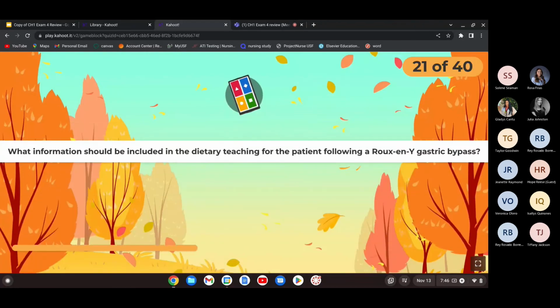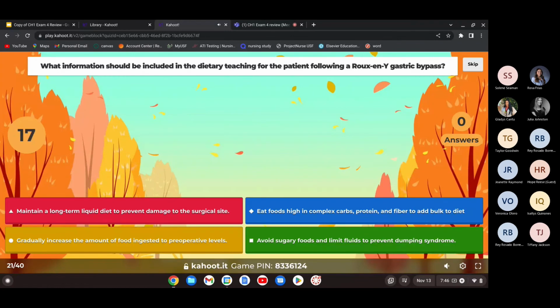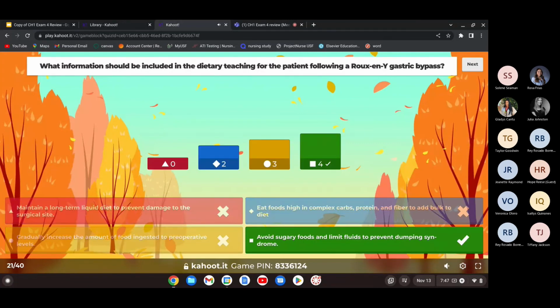What information should be included in the dietary teaching for a patient following a Roux-en-Y gastric bypass? Awesome. We want to avoid sugary foods and limit fluids to prevent dumping syndrome.